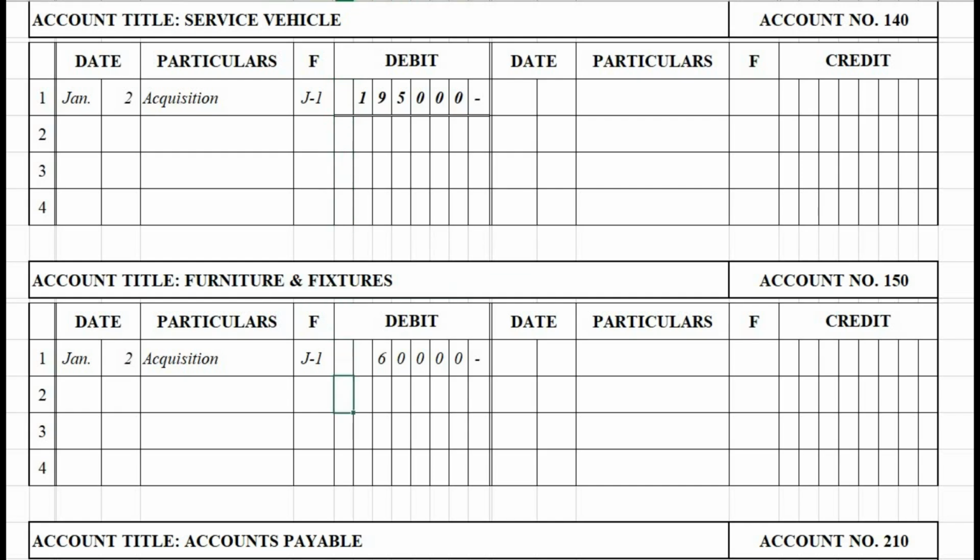The same also with furnitures. No need anymore for computing, because it is already the balance, direct.